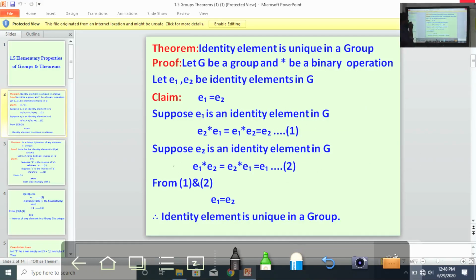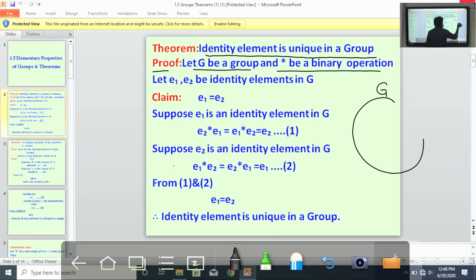So first property, identity element is unique in a group. What is the property? Identity element is unique in a group. That is the result. Proof. Let G be a group and star be a binary operation. So take G be a group.